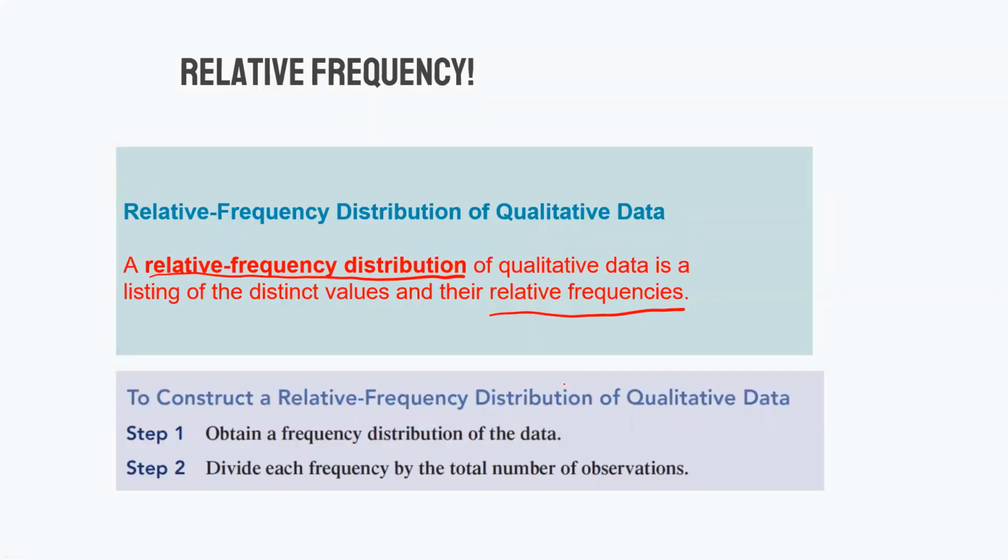To do this, it's really easy. You just obtain the frequency distribution of the data. We got that. Then to find the relative frequency of each, we just divide the frequency by the total number of observations. So in this step we're just making that relative frequency column as a proportion.